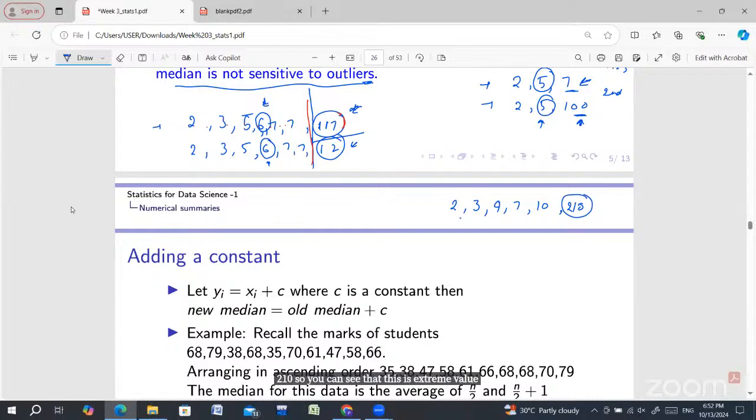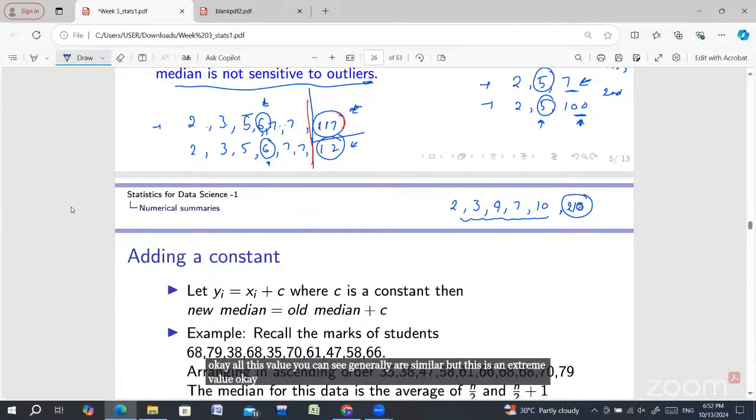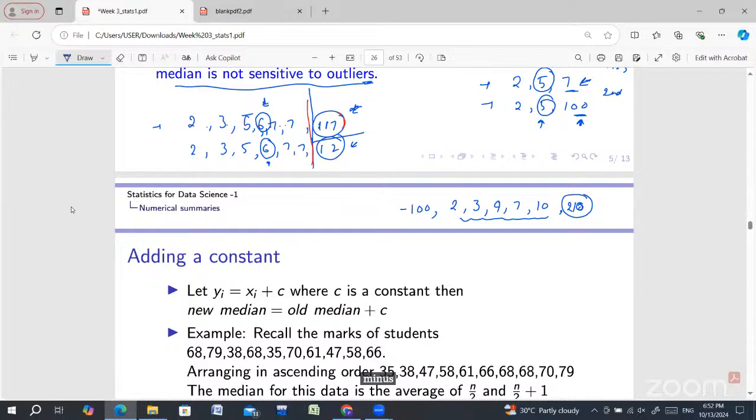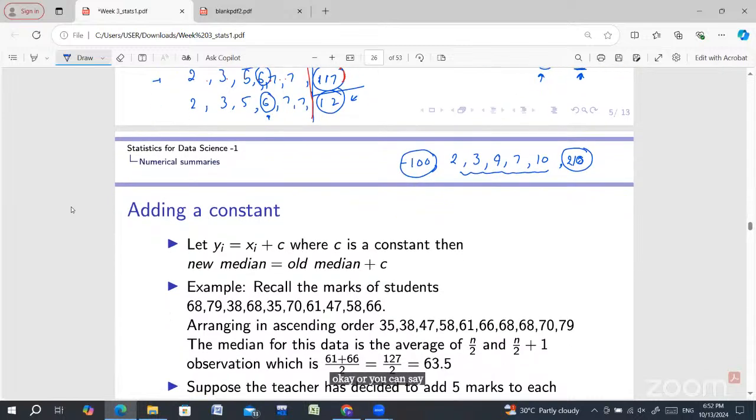All these values are generally similar, but this is an extreme value. And suppose minus 100, this will also be an extreme value here. Or you can say that your values are like this: 210, 215, 200, and suppose 16, so here that would be the outlier.